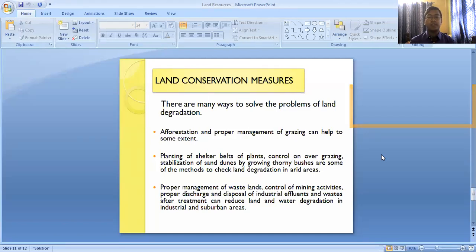Afforestation and proper management of grazing can help to some extent. Afforestation is the planting of new trees. In areas where overgrazing has caused a lot of land degradation, instead of leaving the domestic animals open in a particular area, they can be shifted on alternate days.